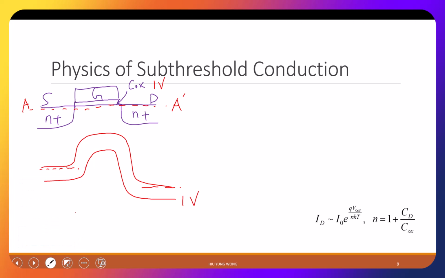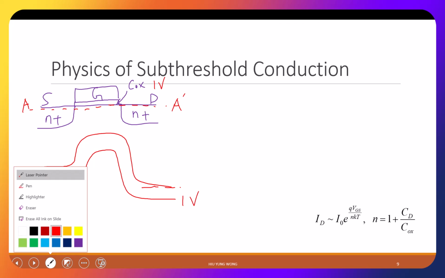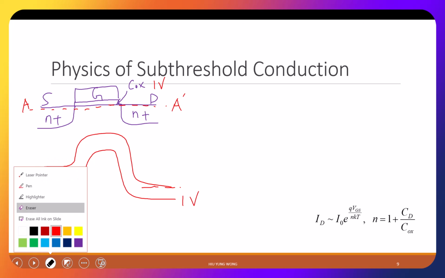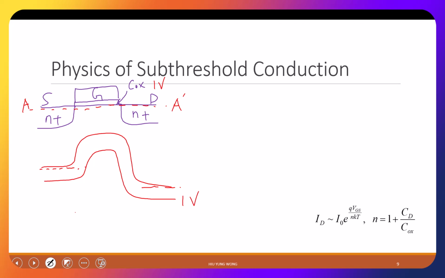Can they travel to the right based on what I'm drawing here? No. Let's first look at the Fermi-Dirac distribution, which I introduced earlier. Do you still remember that?